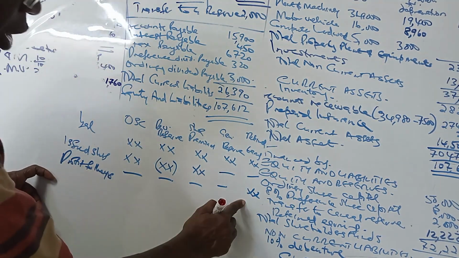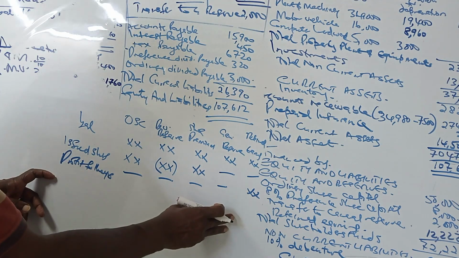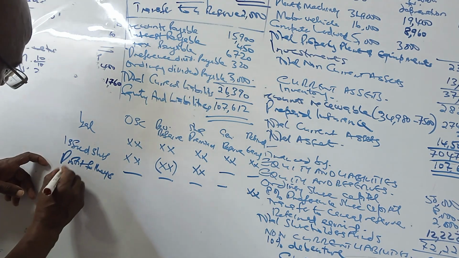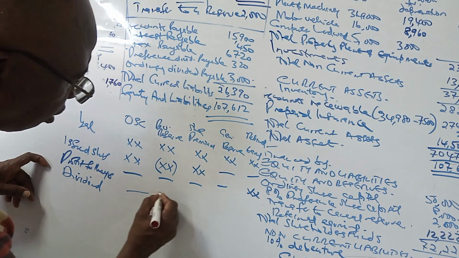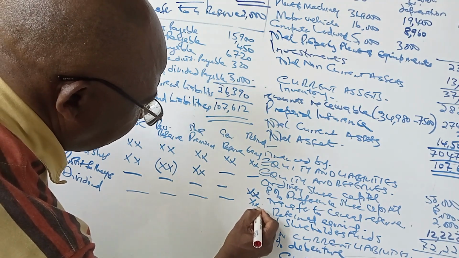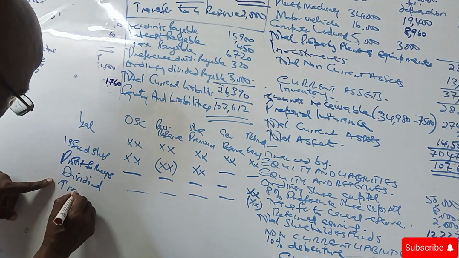Then, from this profit, before deducting the transfer to general reserve, you deduct the dividends, whether paid or not paid. You subtract the dividend and the transfer to general reserve.